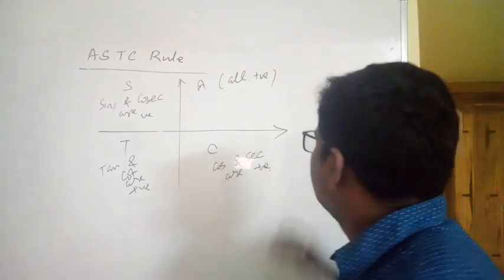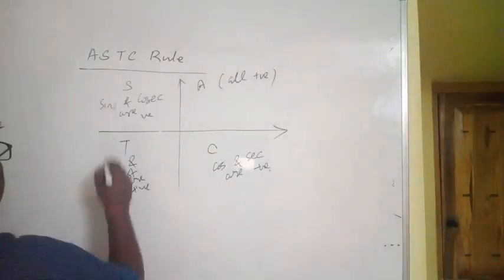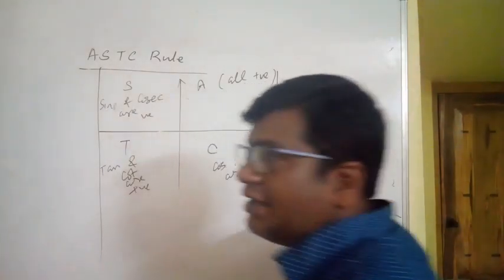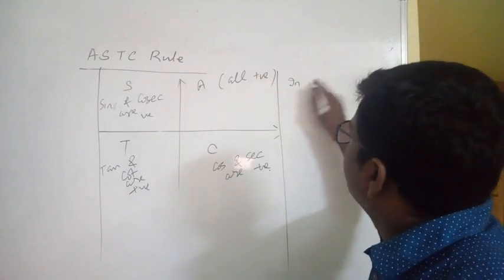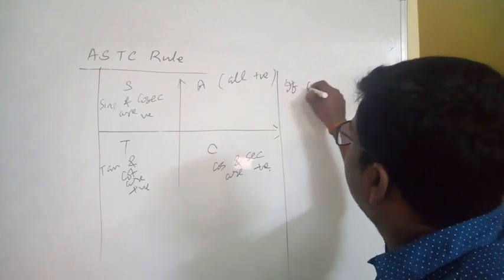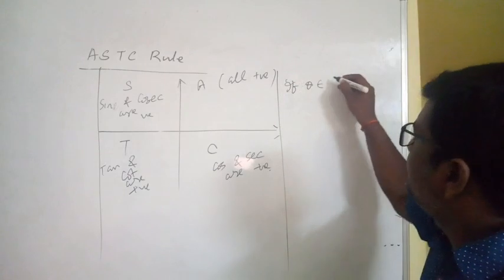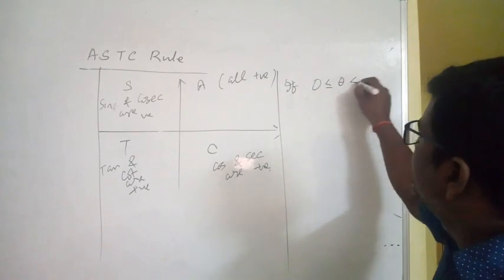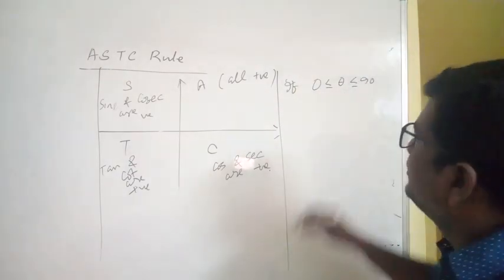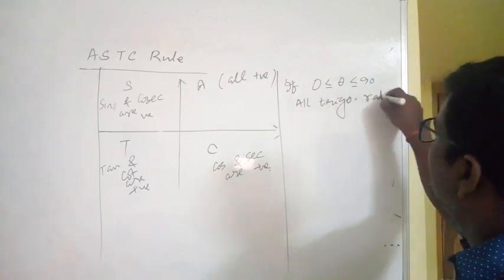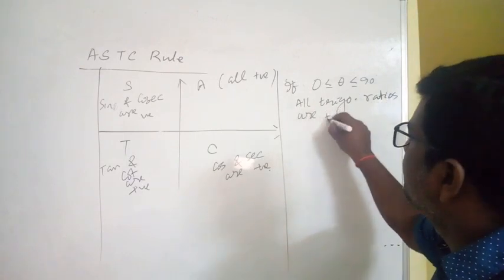Right? That is, if angle theta lies between 0 to π/2, or theta lies between 0 to 90 degrees, all trigonometric ratios are positive.